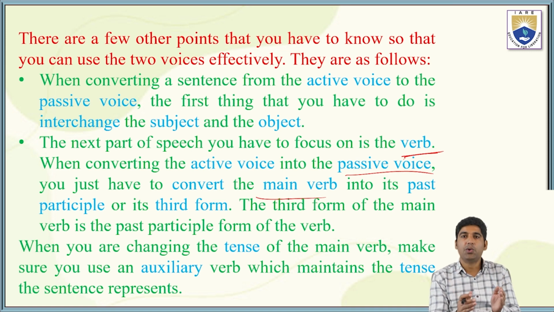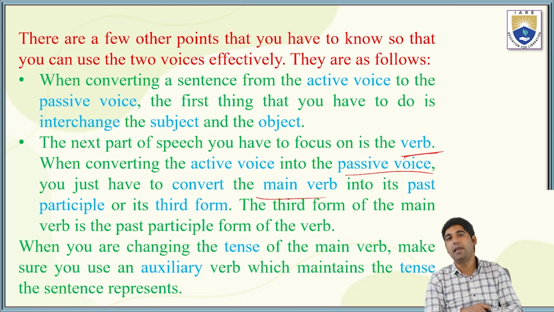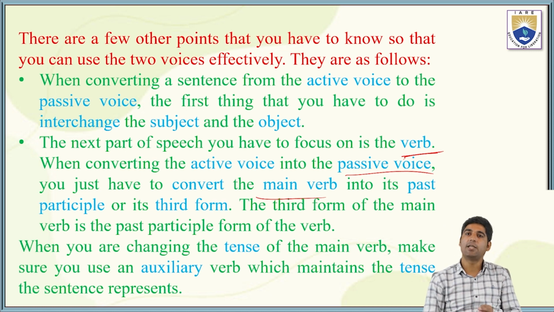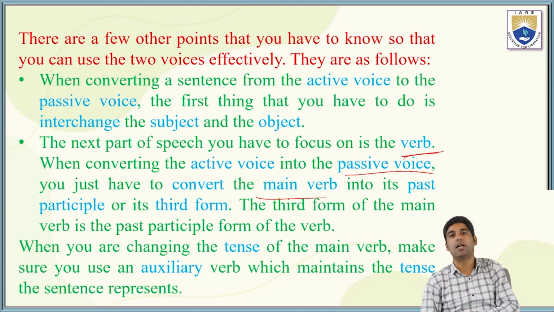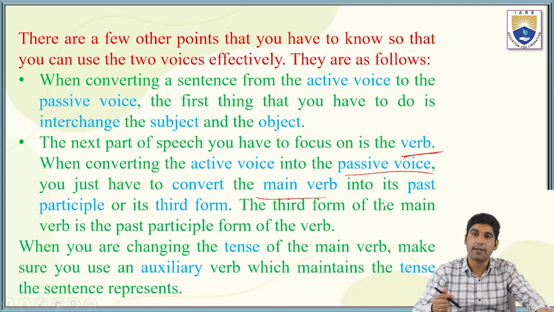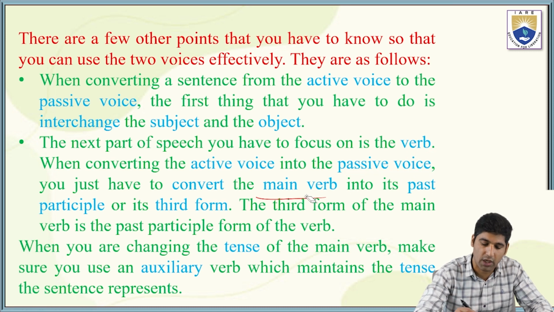Because the verb which you used in active voice will be converted into the third form of the verb. And it is past participle form, that is third form. So if it is I play cricket, it will be cricket is played by me. Play will become played. Play, the base form of verb, present form of verb, will be converted into the past participle or third form of verb. So the second thing to keep in mind is the form of the verb.